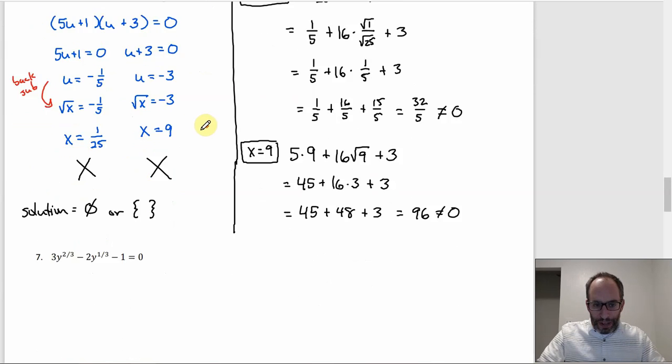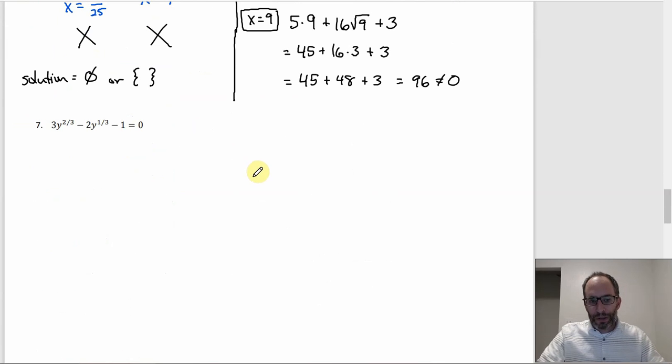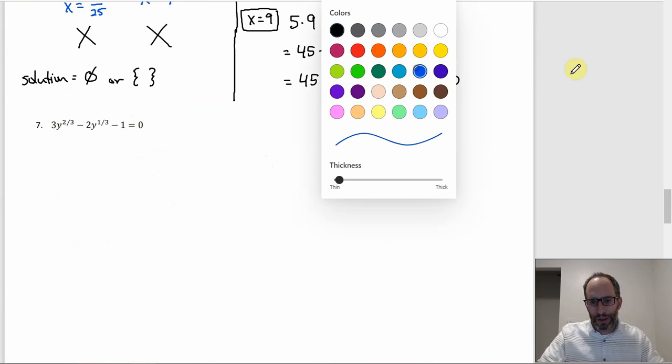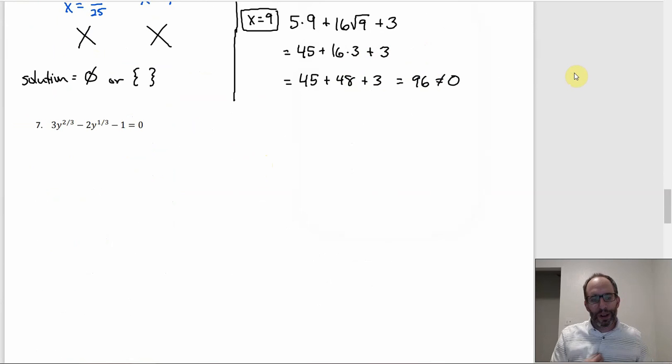All right, but then number 7 has cube roots. Okay, we've had cubes before. They look a little bit different right now because of how they're written as fractions, but you can see what's going on here where you've got one of those exponents being twice the other, right? 2/3 is 2 times 1/3.